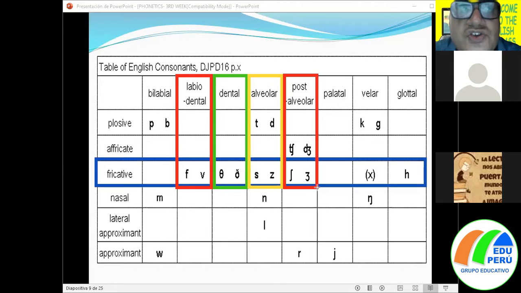Shh, shh, shh. Now, make the same sound. You don't have to change anything here in the place or manner, but now make the sound with vibration. This is the second sound. And the first sound, no vibration. The second sound with vibration.